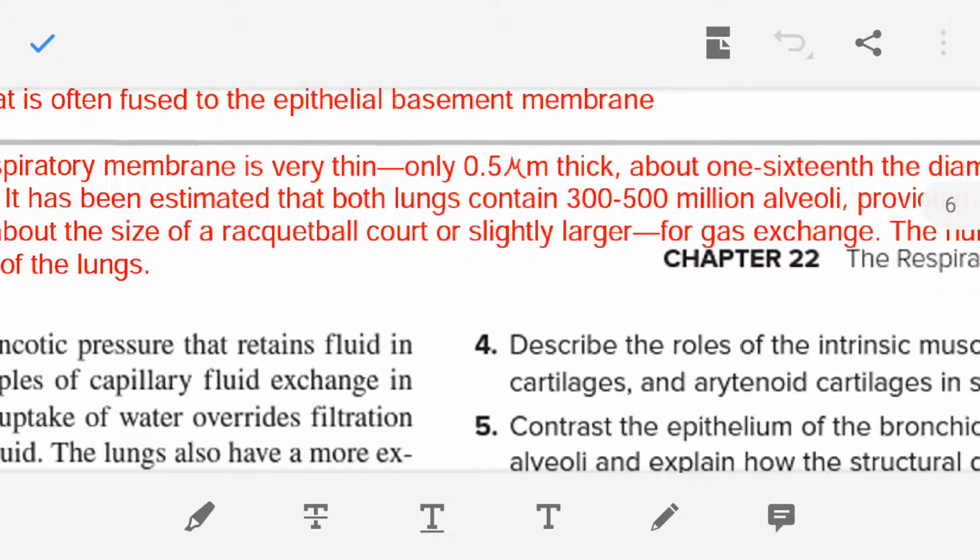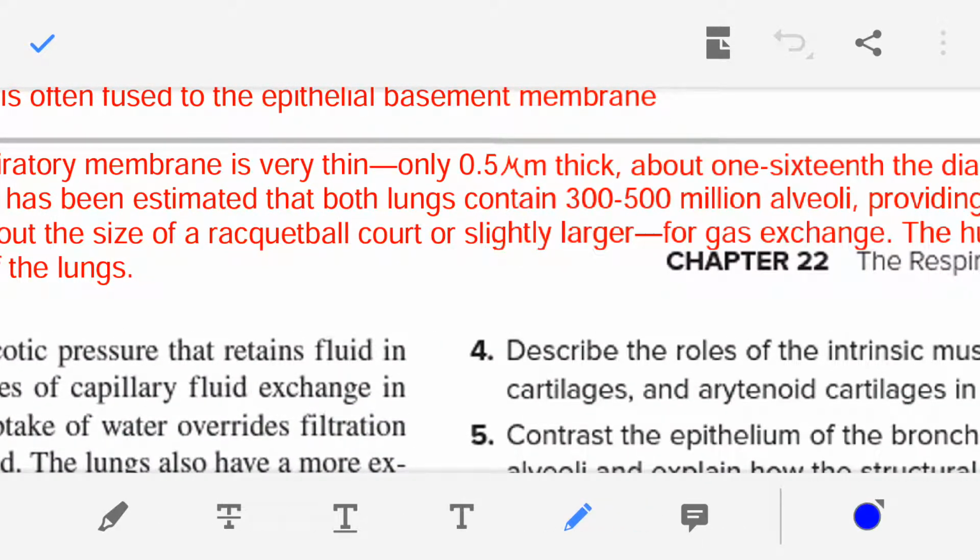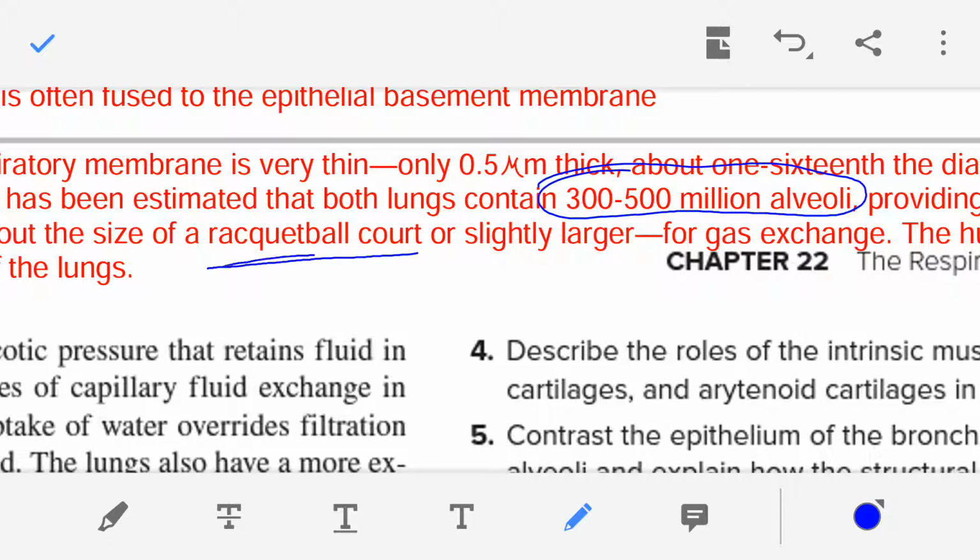If we calculate the surface area of these alveoli, it is approximately the size of a racquetball court. So the racquetball court size is the size of all the alveoli surface together.